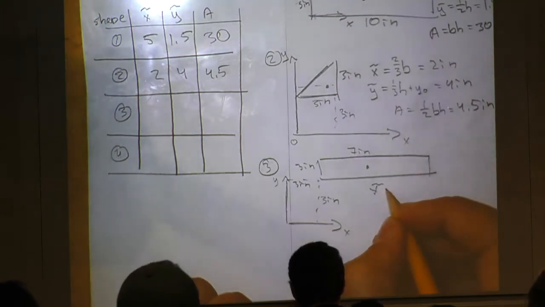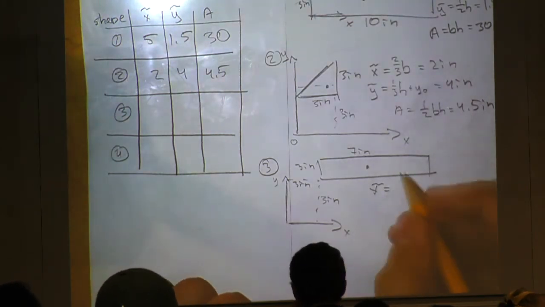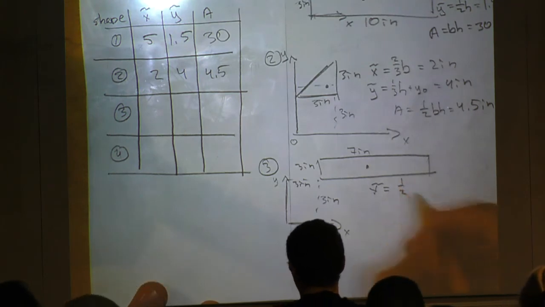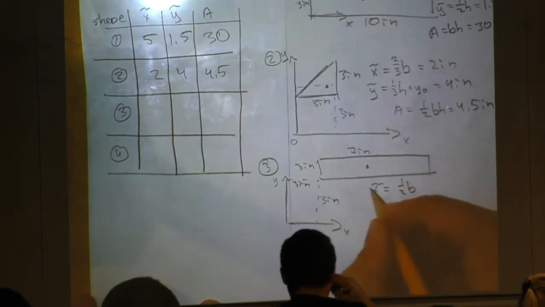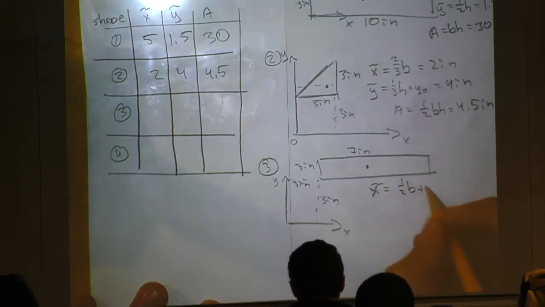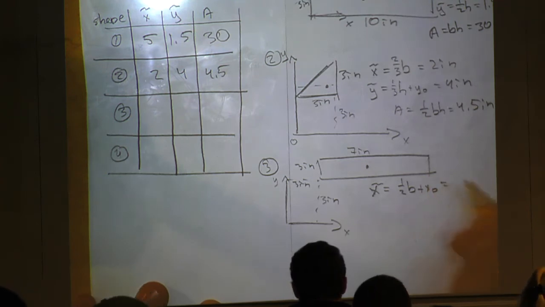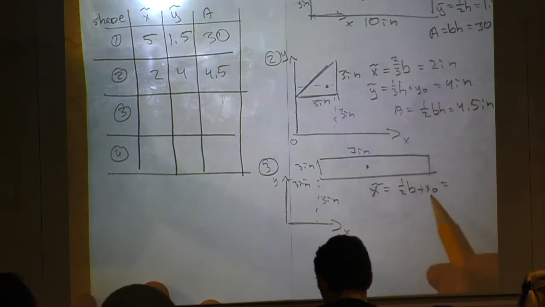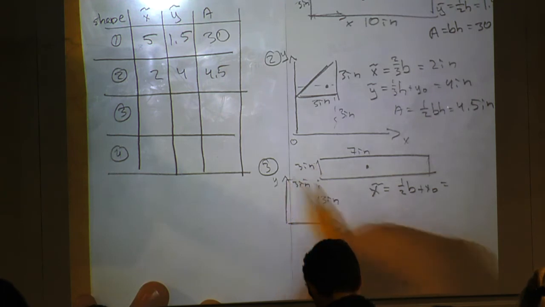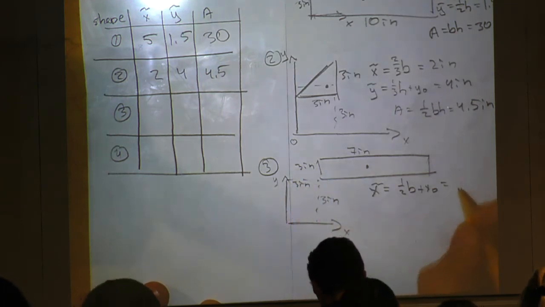So x tilde, or x squiggle, however you want to say it, is 1/2 of the base, because we're dealing with a rectangle, plus some initial x: 1/2 of 7, which is 3.5, plus that 3, which is 6.5.